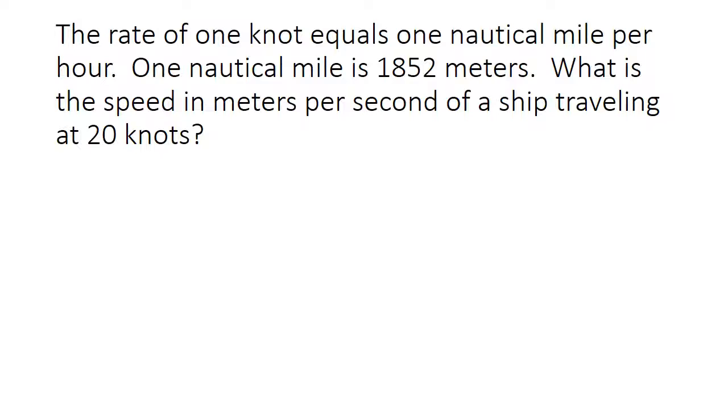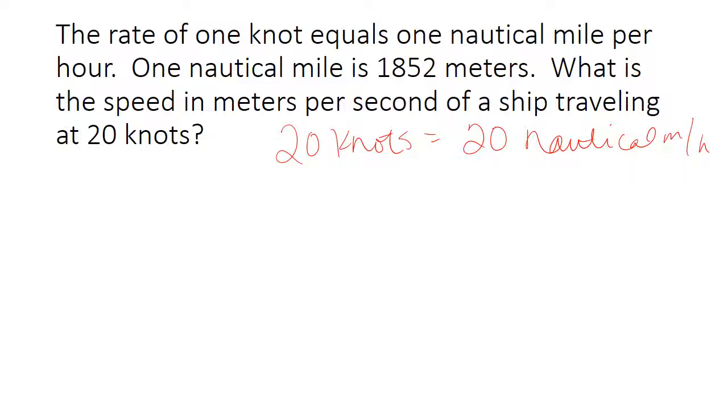All right, so if it's going 20 knots, then we know it is going 20 nautical miles, and we know that it's miles per hour. Sorry, that should be MI. So we're going to set up our units in order to get meters per second instead of miles per hour.